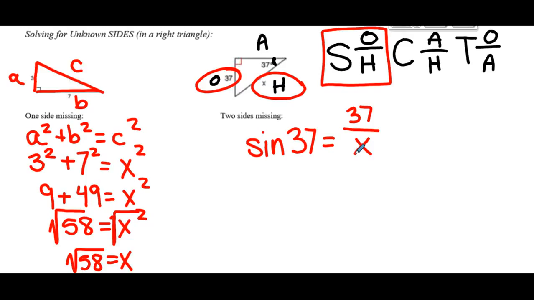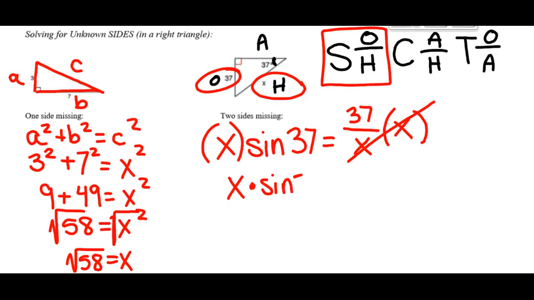First, we're going to get rid of my x in the denominator. The best thing to do is to multiply both sides by the denominator. In this case, that is x. And doing so allows us to cancel x in that denominator. And we are left with x times the sine of 37 is equal to 37.